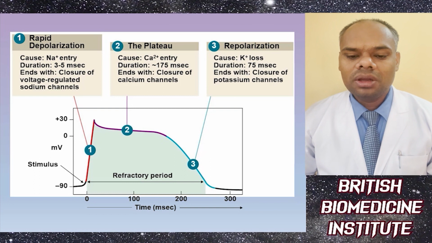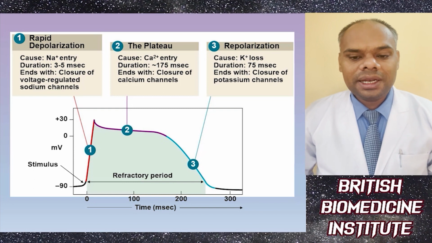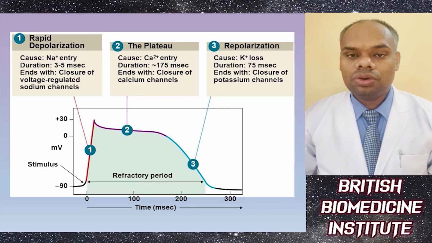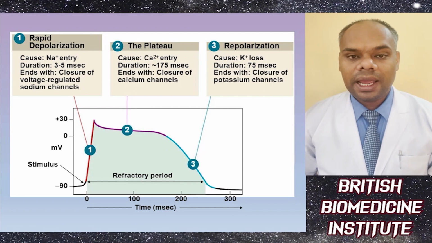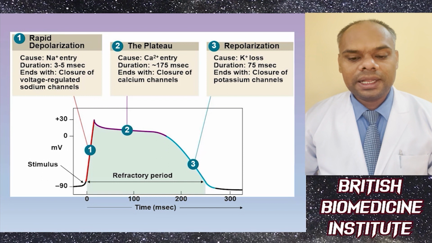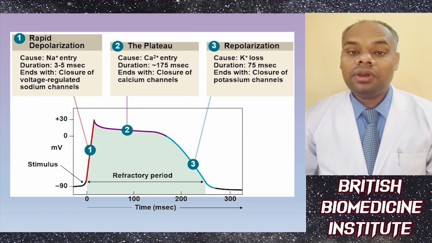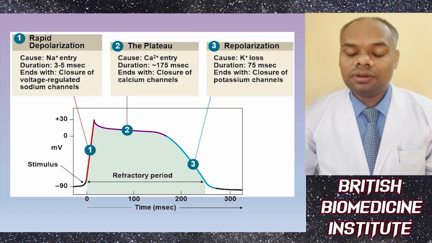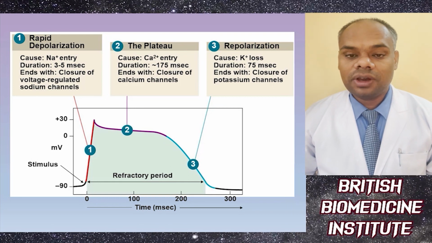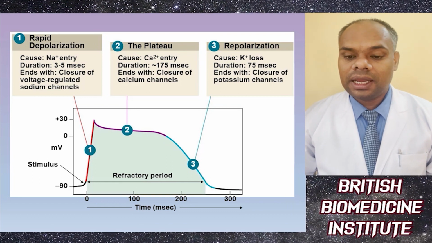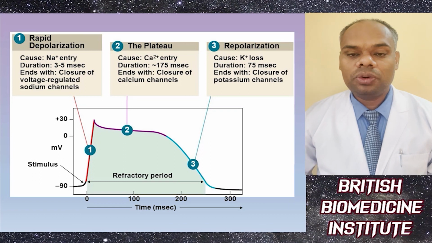In the plateau, there will be an entry of calcium. The duration will last for 175 milliseconds, and it will end with closure of the calcium channel. Whereas in repolarization, there will be potassium loss. The duration will be 75 milliseconds, and it will end with closure of the potassium channel.